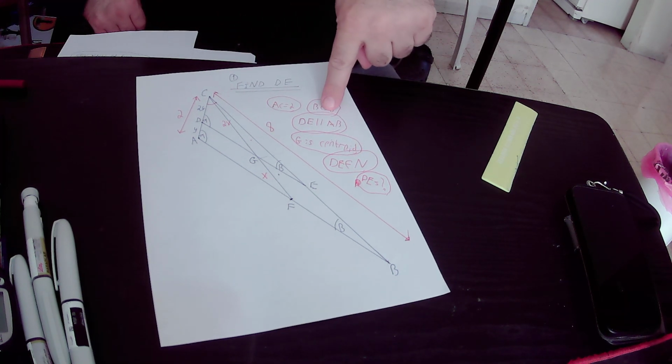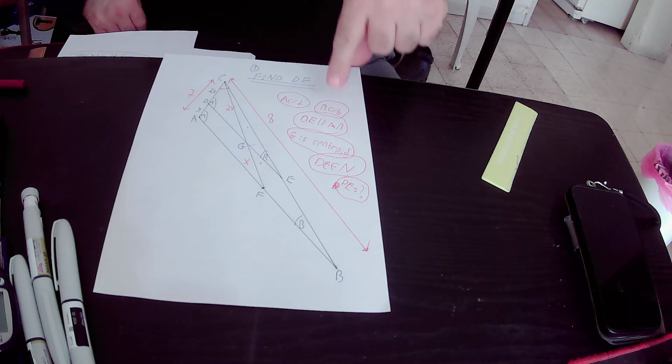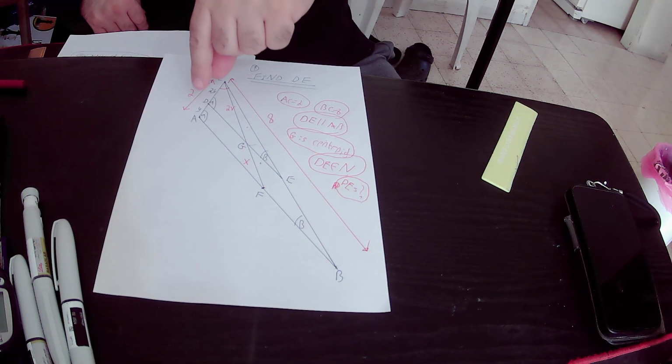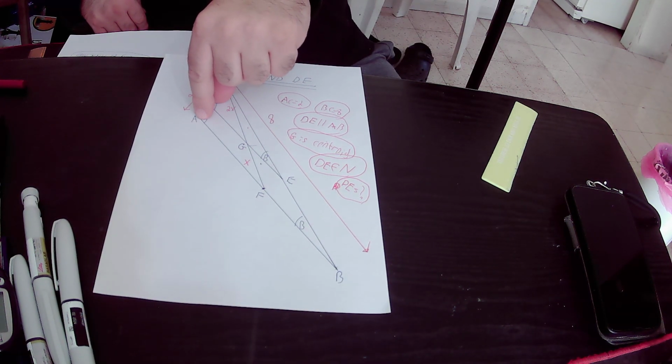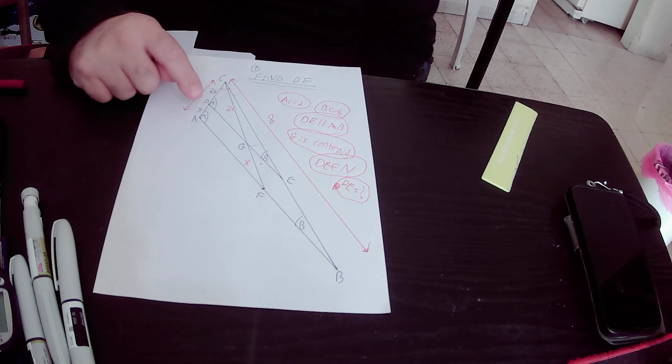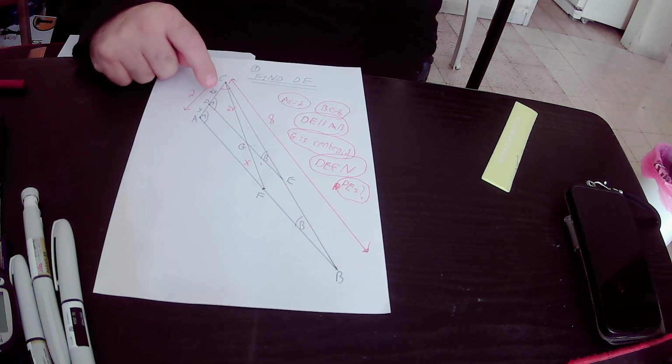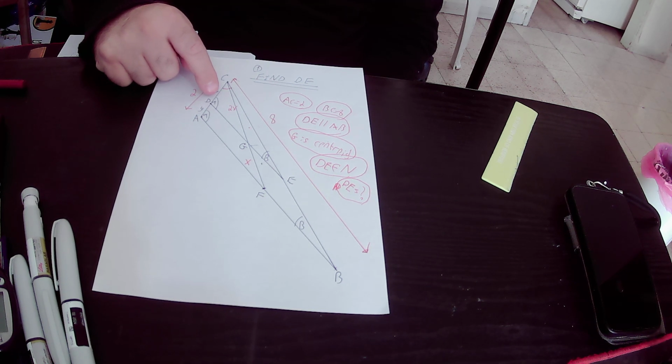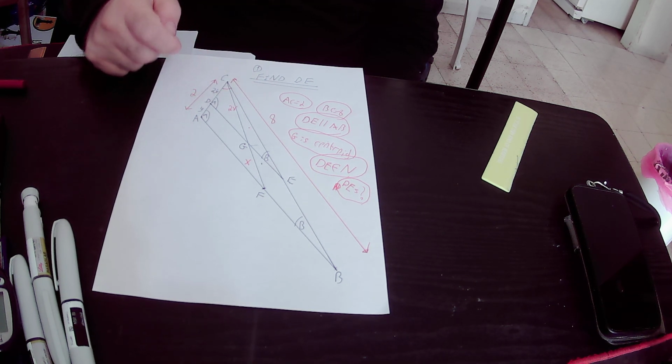It is given to us in the question. Therefore, the corresponding angles will also be equal to each other. That is to say, angle CAB will be equal to angle CDA. So if angle CAB equals alpha, then angle CDA will also equal alpha.